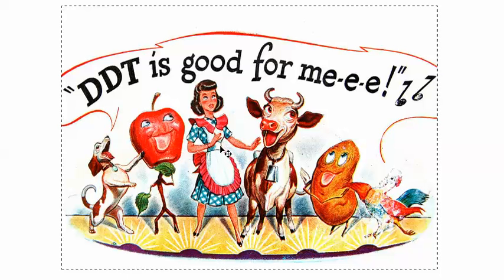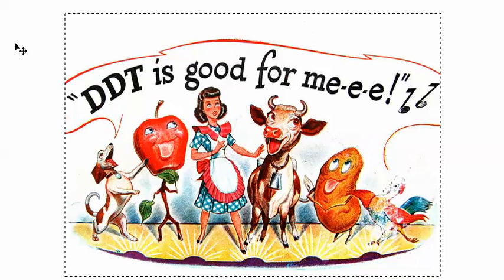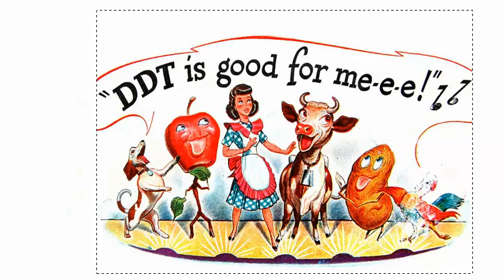However, what we see now is something that's a little bit different. And that something is now known as a banned DDT. That happened in the late 1900s. We're talking about the 1970s here. And during the 1970s, DDT was banned.